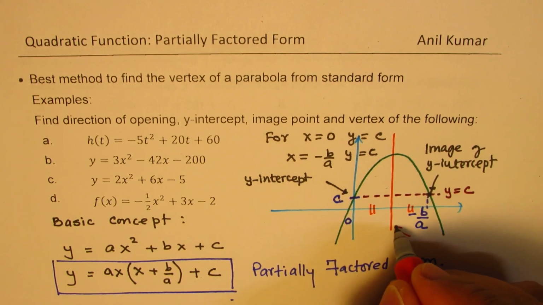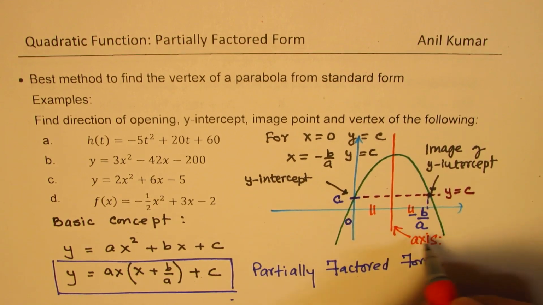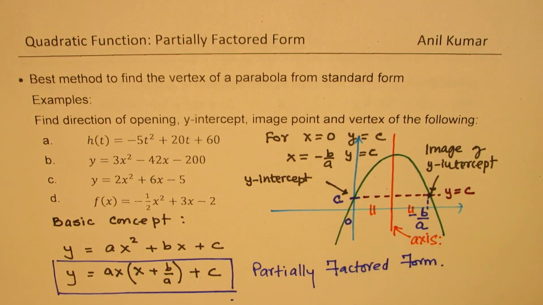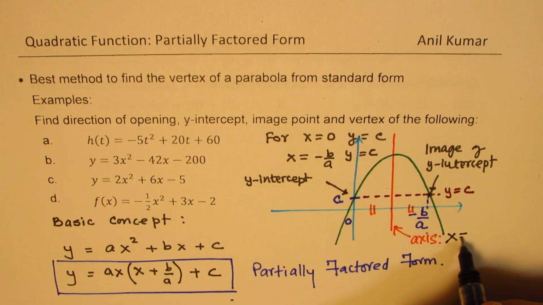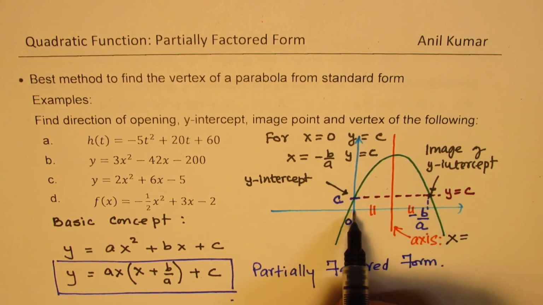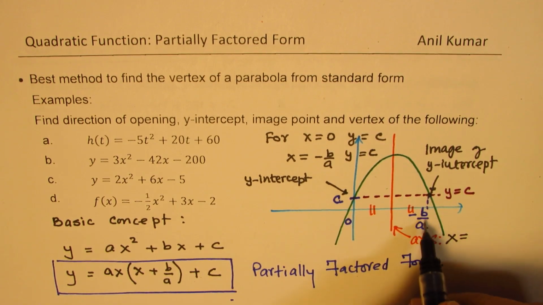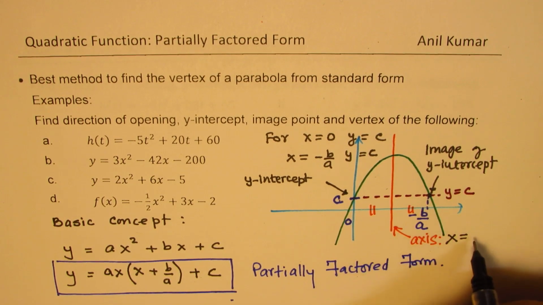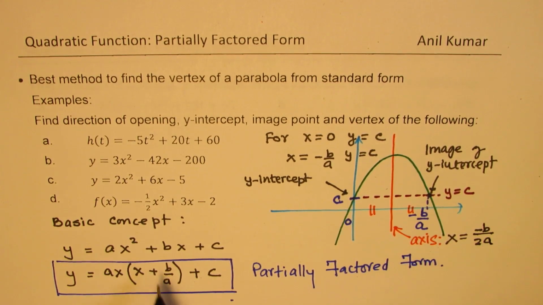So this line here is the axis. Now for the axis, the equation will be what? Definitely, it will be x equals half of this, meaning 0 plus minus b over a, divided by 2, right? So this will be equal to minus b over 2a.